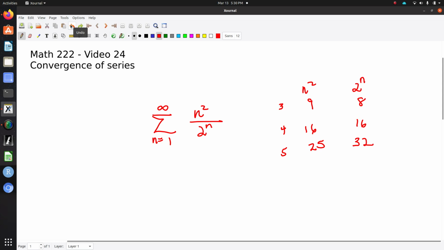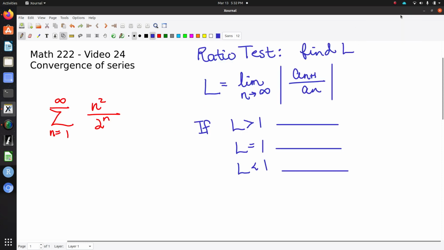There is a special little test called the ratio test that allows us to quickly tell whether this thing works. Now let me write that down for you. The ratio test says you have to find this limit, and then if L is greater than 1, it's a divergent situation.